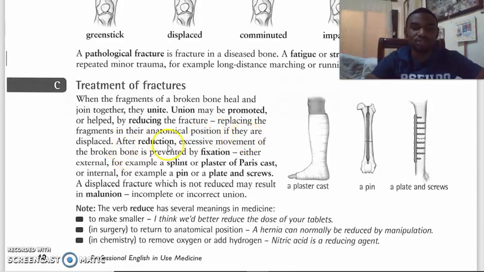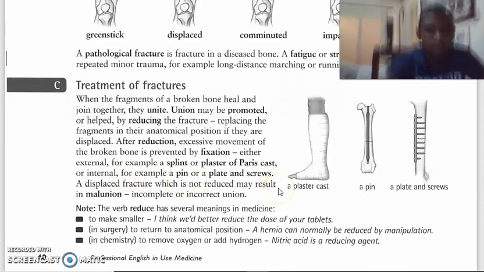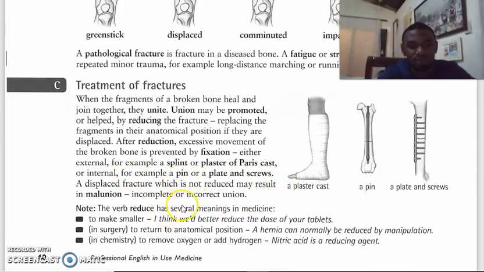After reduction, excessive movement of the broken bone is prevented by fixation, either external, for example a splint or plaster of Paris cast, or internal, for example a pin or a plate and screws. A displaced fracture which is not reduced may result in malunion, incomplete or incorrect union.